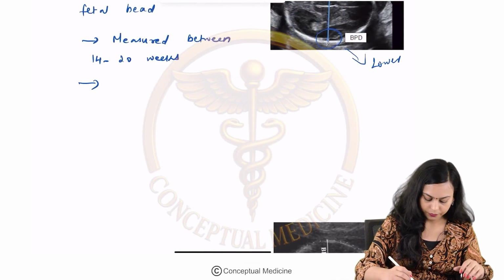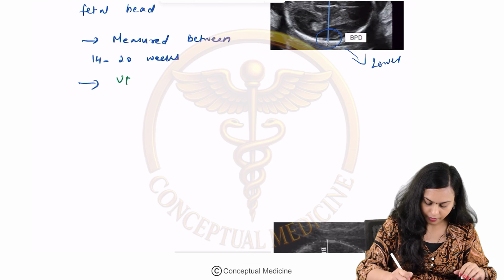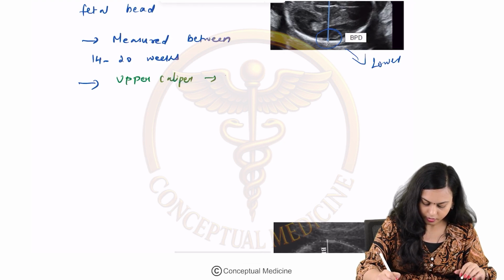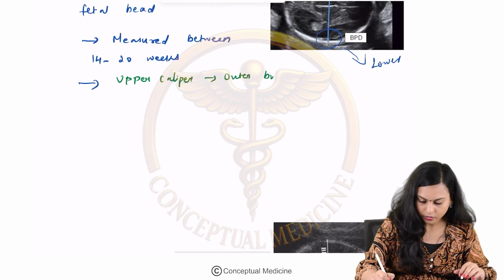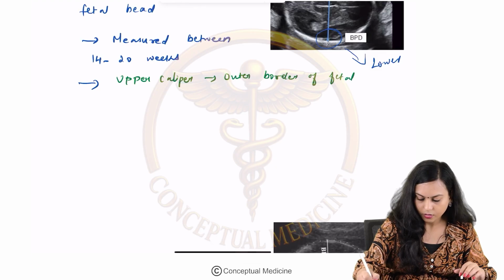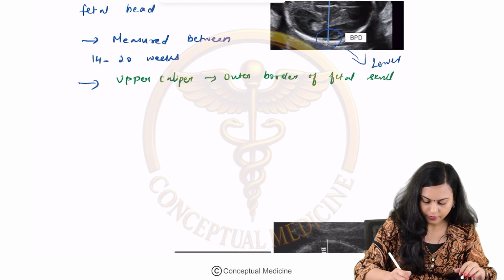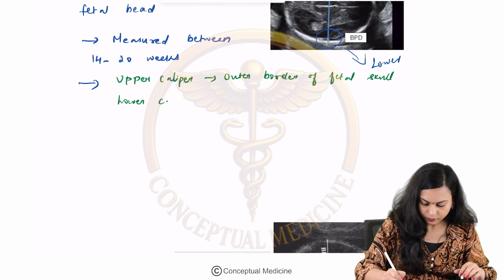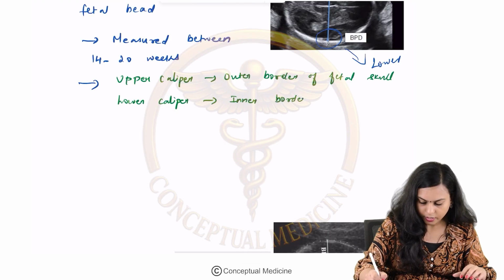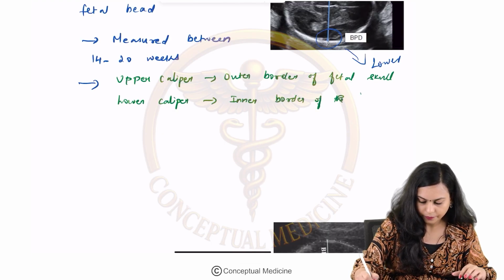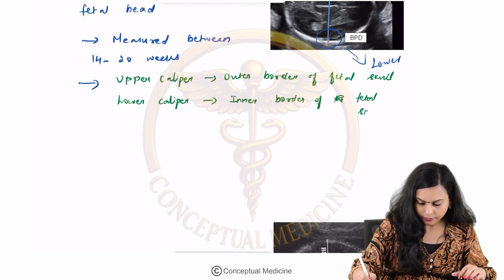So we have an upper caliper touching the outer border of the fetal skull, and a lower caliper touching the inner border of the fetal skull.